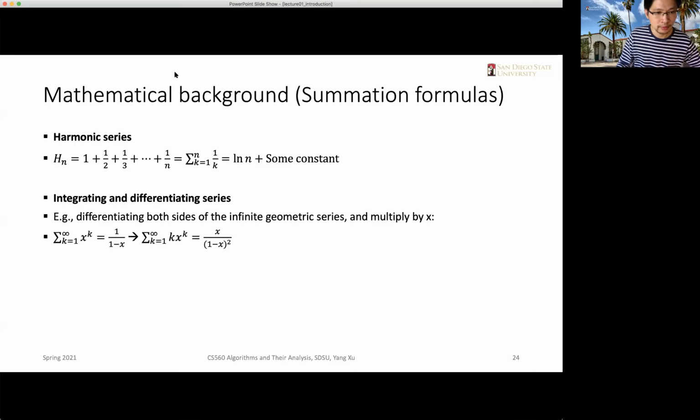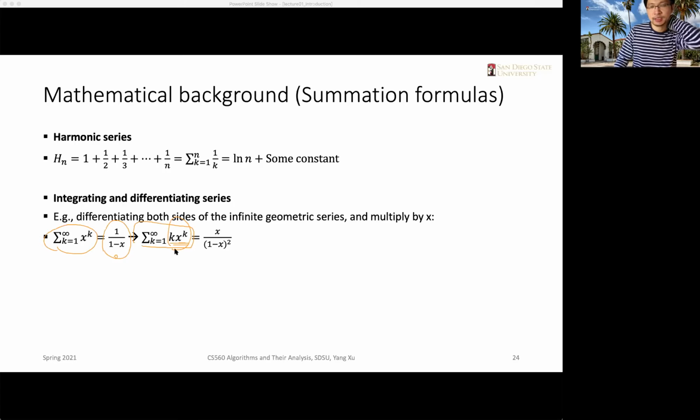For example, if we know the summation of x to the power k can be expressed in a compact form, what about the summation of k times x^k?